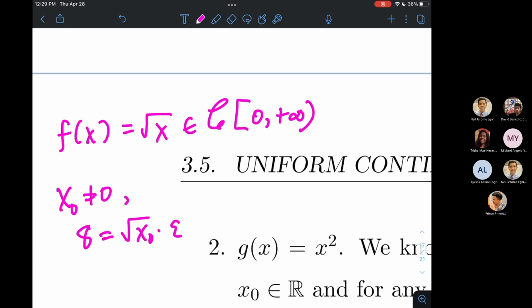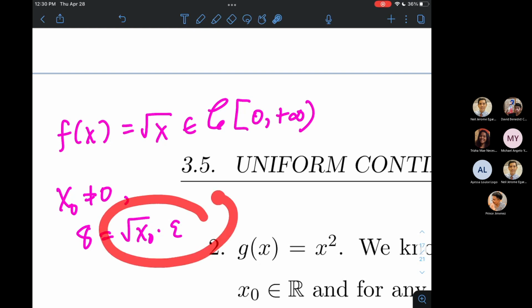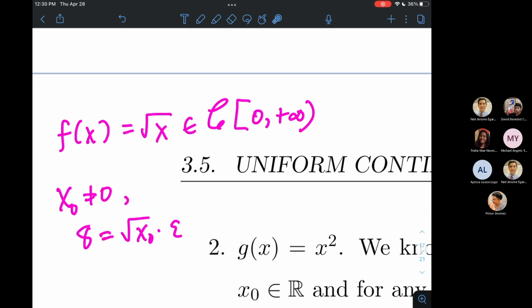Ano yung delta na ginagamit natin. Pero anyway, for numbers aside from 0, ang choice natin for delta ay square root nung number na yon times epsilon. And actually, I can guarantee you as well na kahit ano pang preliminary analysis yung gawin nyo, yung choice of delta nyo nakadepende pa rin kay x sub 0. So the square root function is not uniformly continuous. Kasi nga yung choice of delta ay nakadepende kay x sub 0.